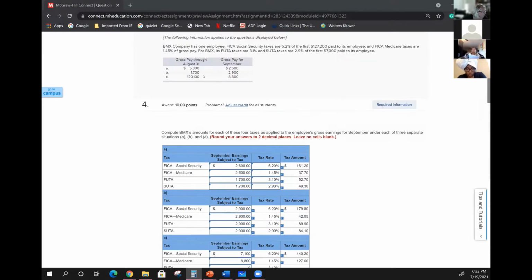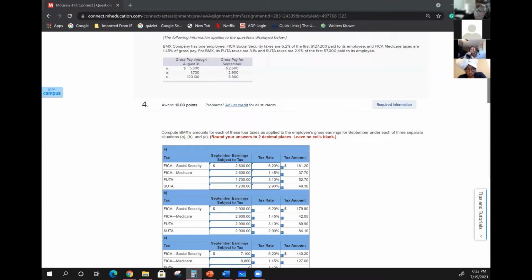C says I have $120,100 that I've paid out so far, and the limit is the first $127,200. So the difference between the 127,200 and the 120,100 is $7,100.